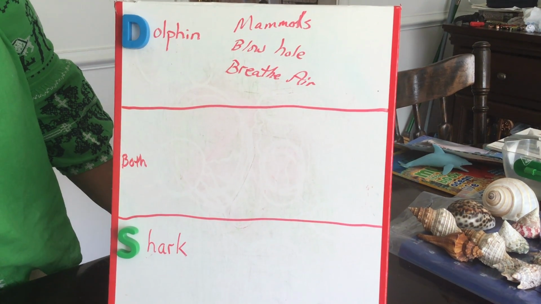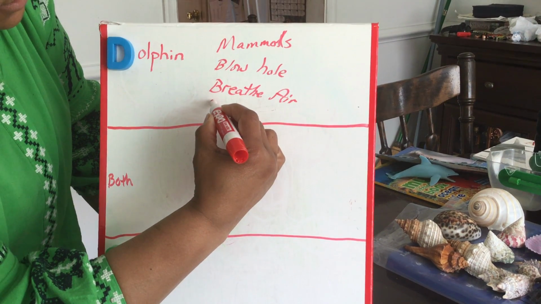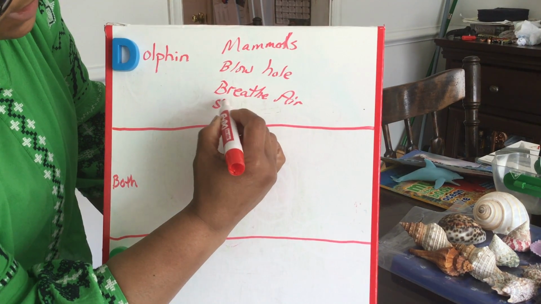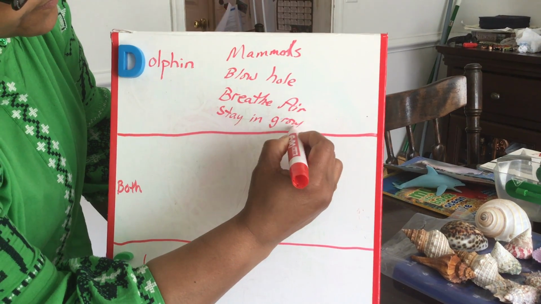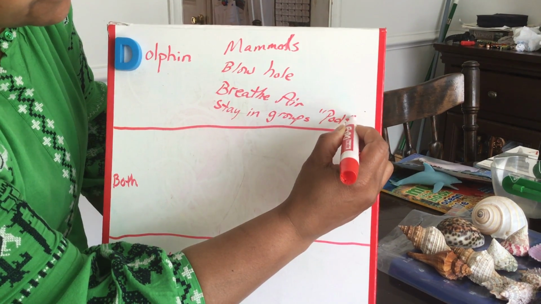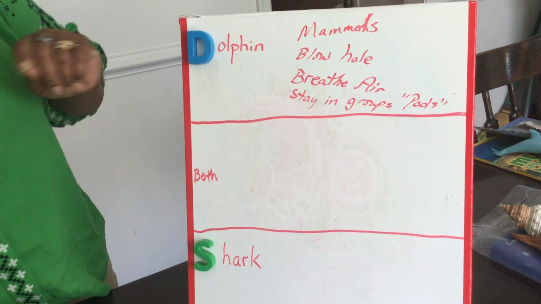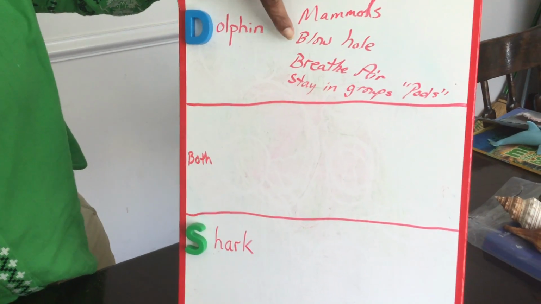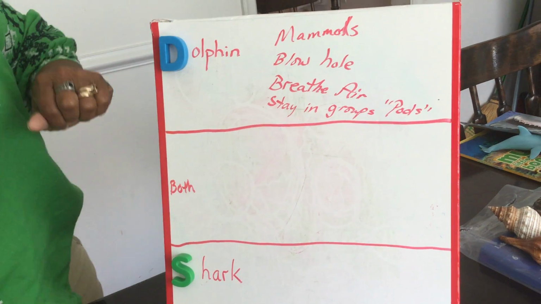All right, and dolphins stay in groups. And it's called pods. So there's 4 things we know about a dolphin that makes him just the dolphin. Mammal, has a blowhole for breathing, and he breathes air, and he stays in a group.